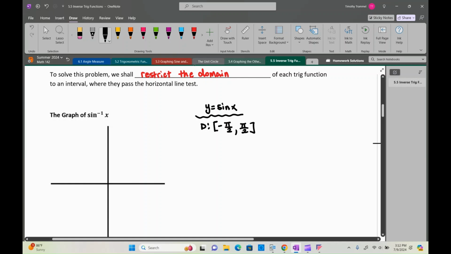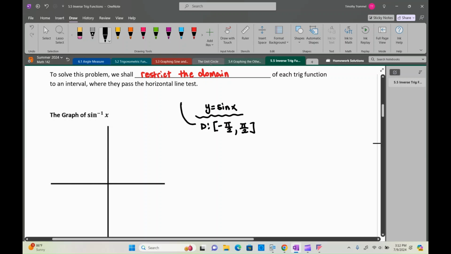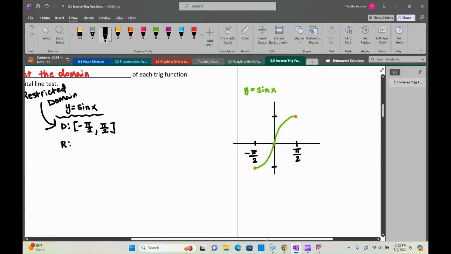So this is that restriction that we're talking about. But notice that its range, if we go back, still covers the normal range of sine, which is minus 1 to 1. Okay.